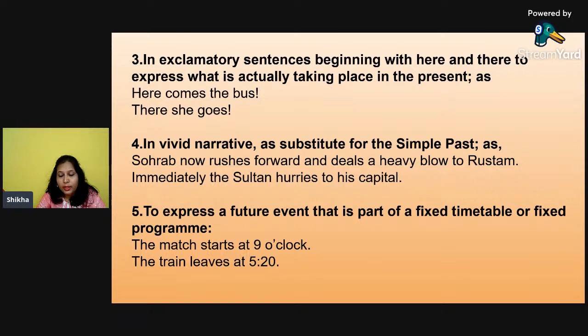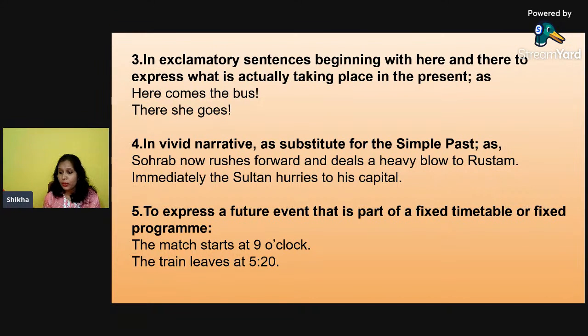So which are the conditions for which we use simple present tense? Yes, we use simple present tense for talking about habits. Okay, so we use simple present tense first of all to talk about habits, second to talk about universal truth, third to express something when we are excited, in sentences starting with here and there.